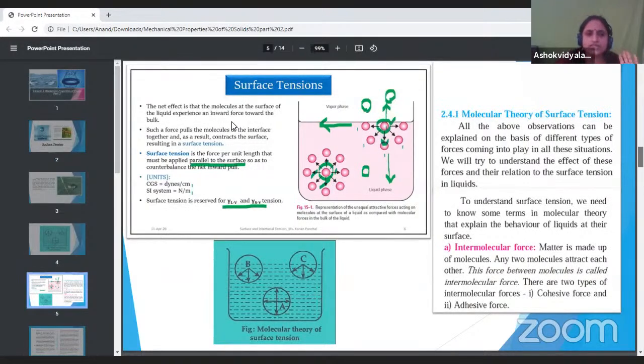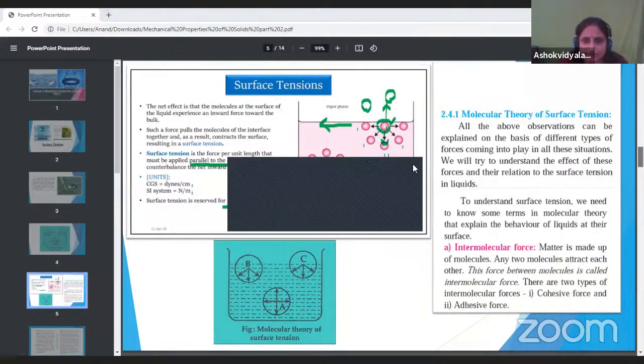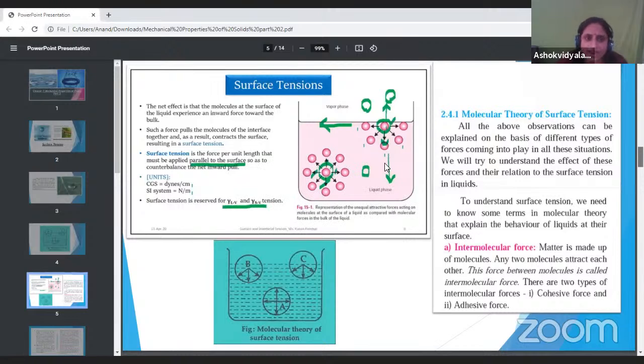मग कुठले कुठले पॉइंट्स आहेत? First of all, see what is the meaning of surface tension. Again, on the basis of molecular theory, see the net effect. The net effect is that the molecules at the surface of the liquid experience an inward force towards the bulk.